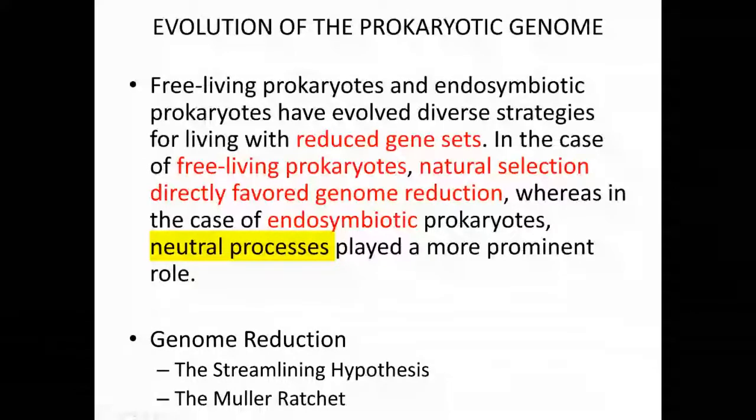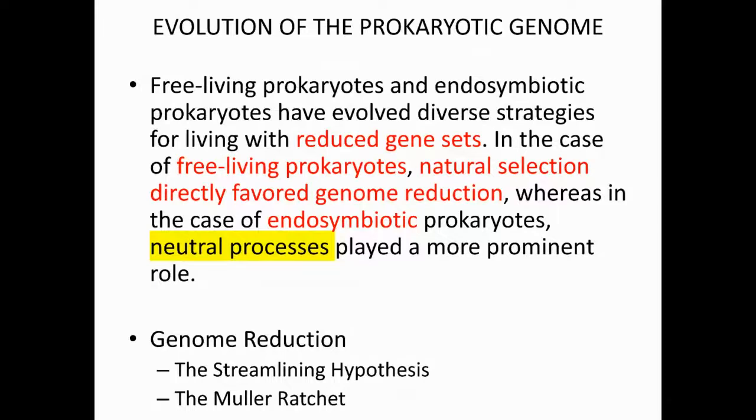Under these conditions, natural selection fails to retain the gene. Therefore, you have silent mutations accumulating. Then those genes will become inactive, and eventually that will delete that special gene from the genome.